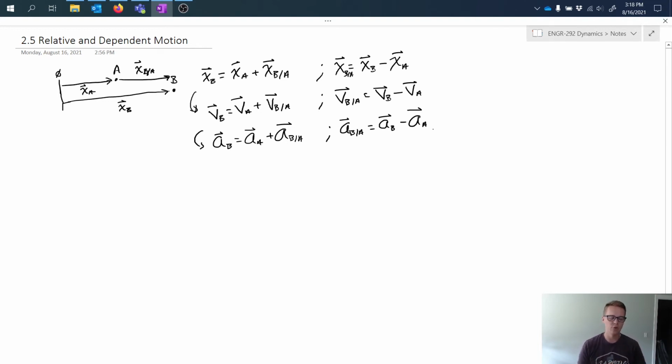Now, of course, I drew a one-dimensional case on here, but it could have just as easily been two particles located at different locations, moving in completely different directions.